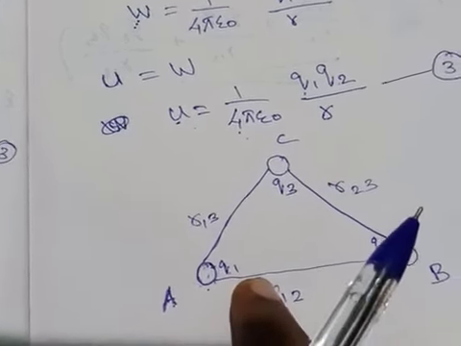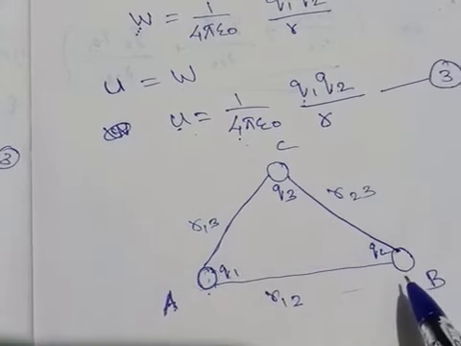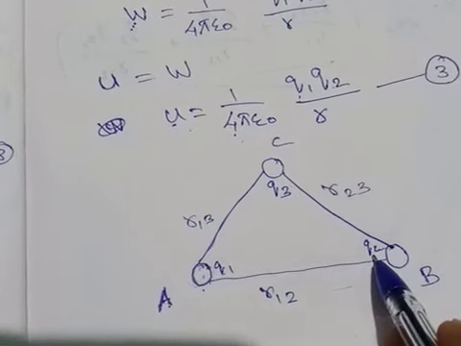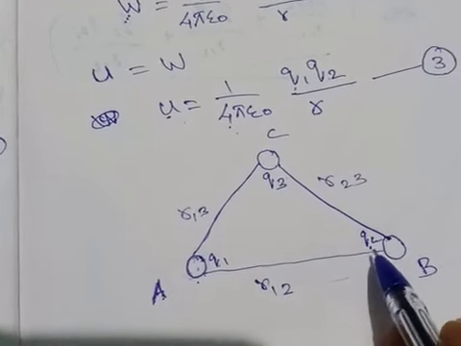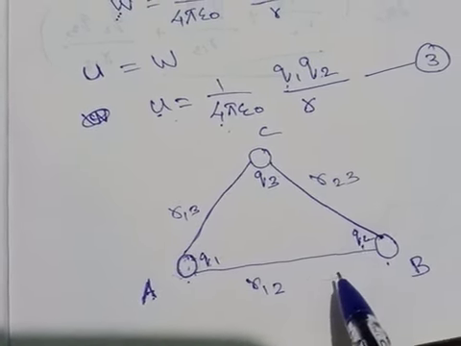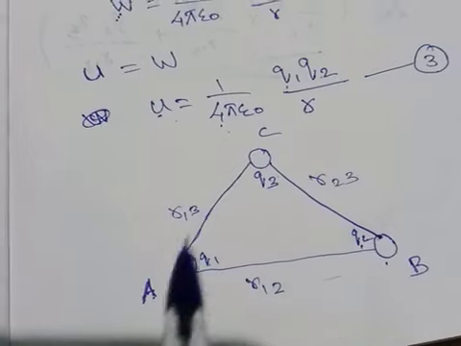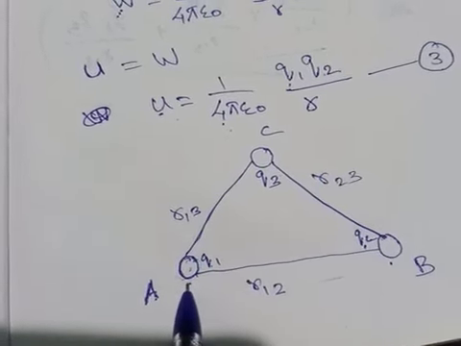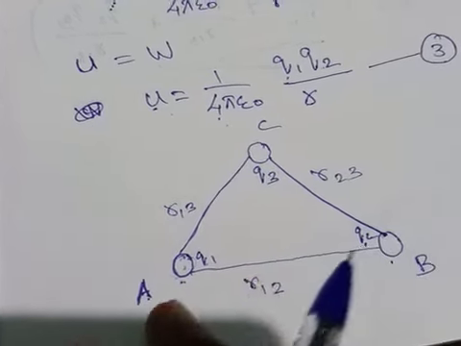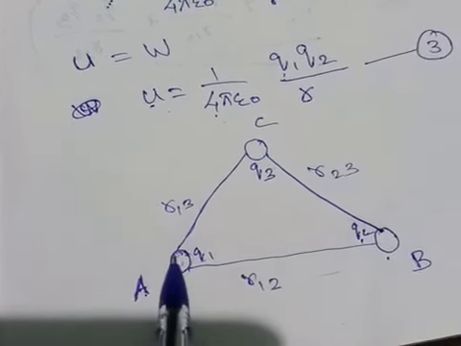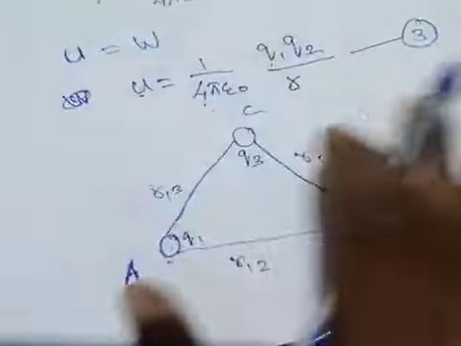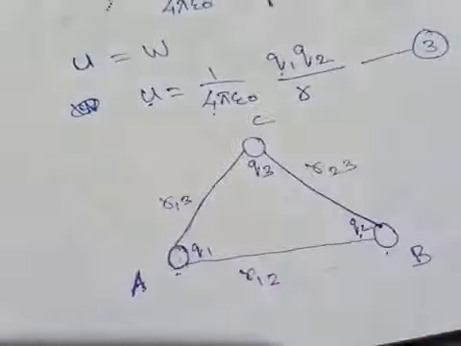Now assume that you are bringing the second charge, Q2, to the point B. So some work has to be done against the electric field created by this charge Q1. Understand what I said? First we bring the charge Q1 to the point A, but no work is required because there are no other charges nearby to exert an electric force.